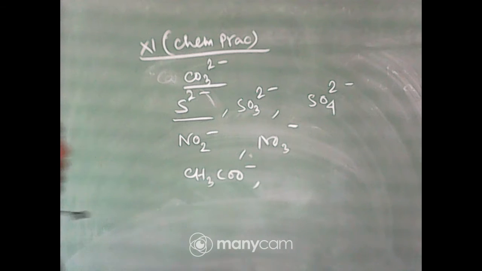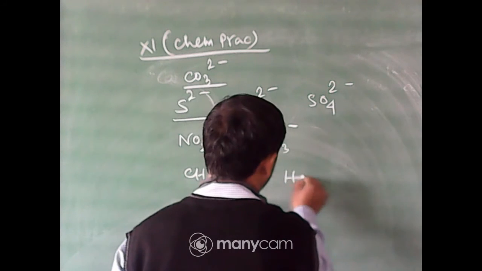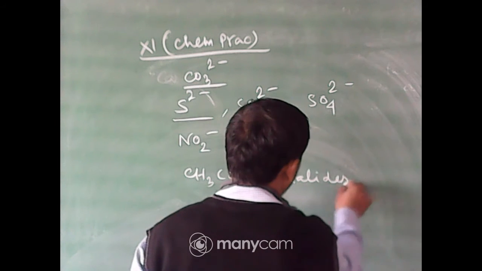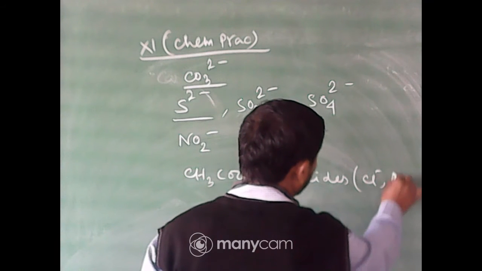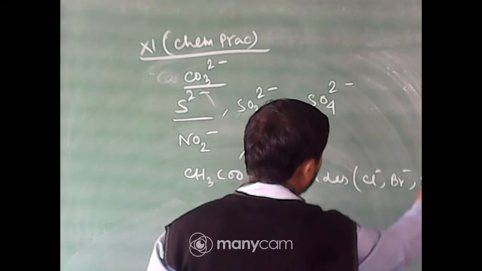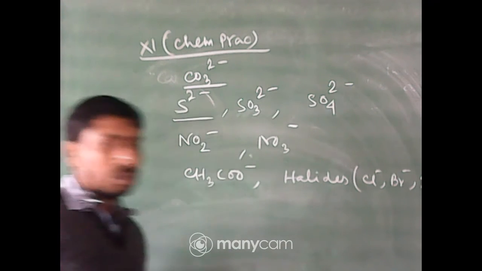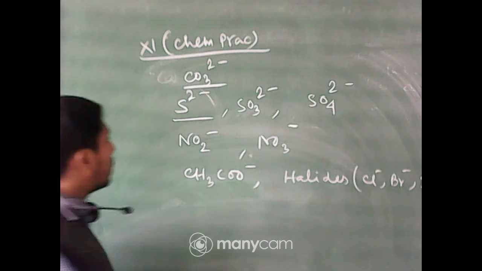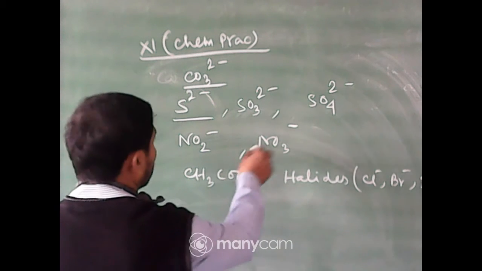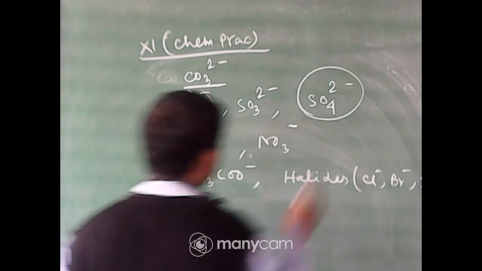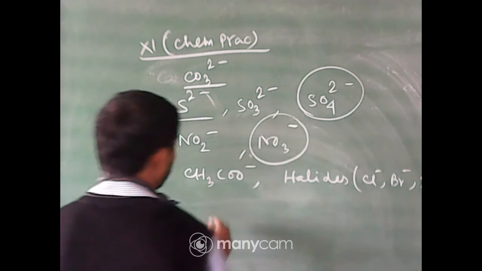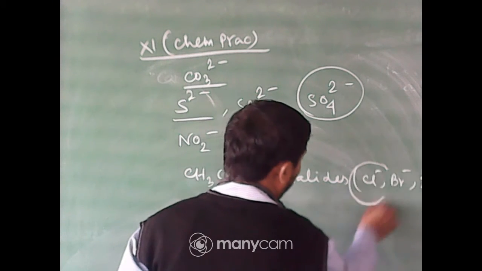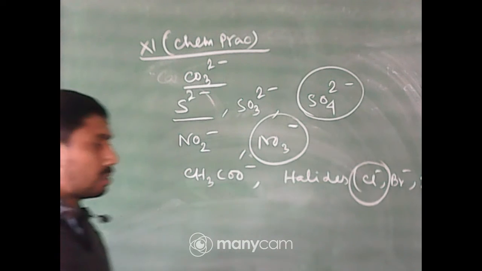Okay, and the halides also. Now, halides, that is chloride, bromide, and iodide. So, out of these, the very important ones are the sulphate, nitrate, and halides, basically chlorides.